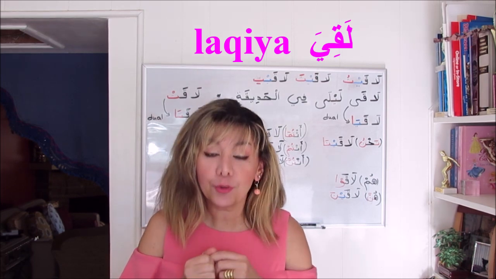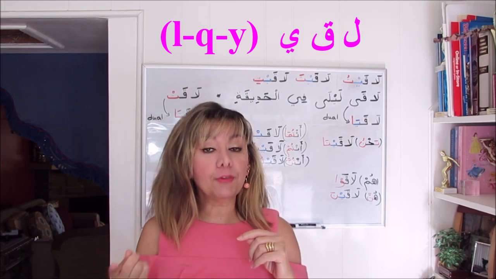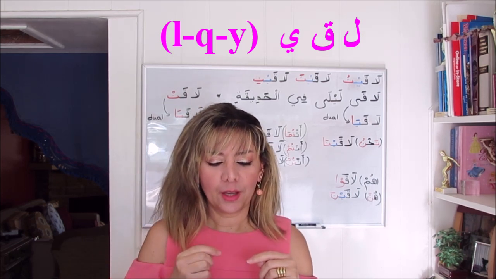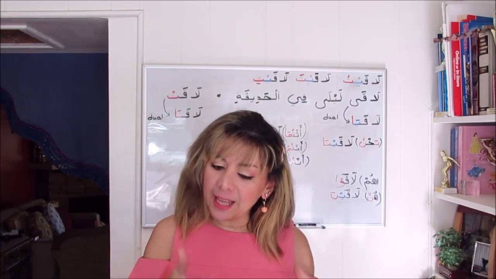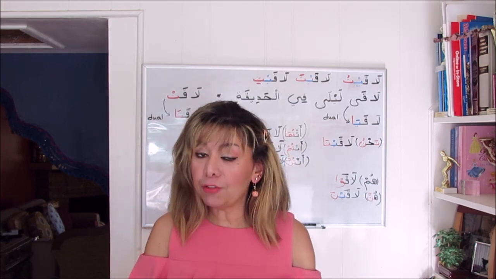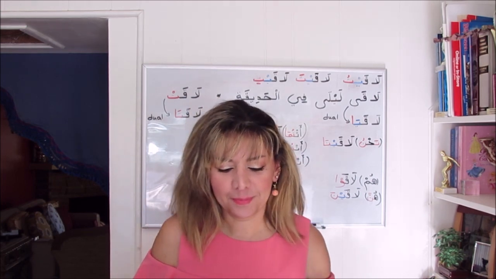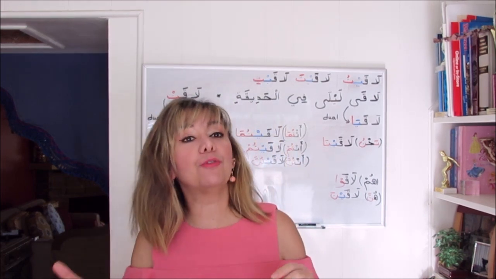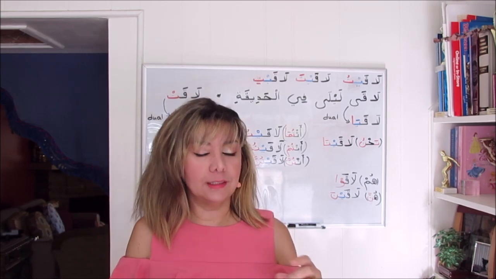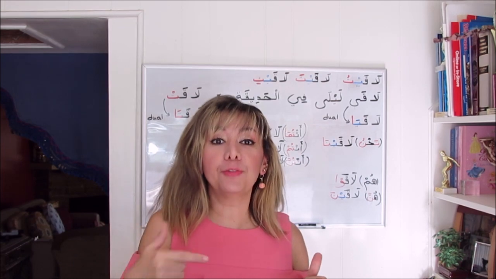Laqiya, from the roots lam, qaf, ya. We conclude that the origin of alif maqsura is ya. So the root of laqa, since they share the same root, is lam, qaf, ya.